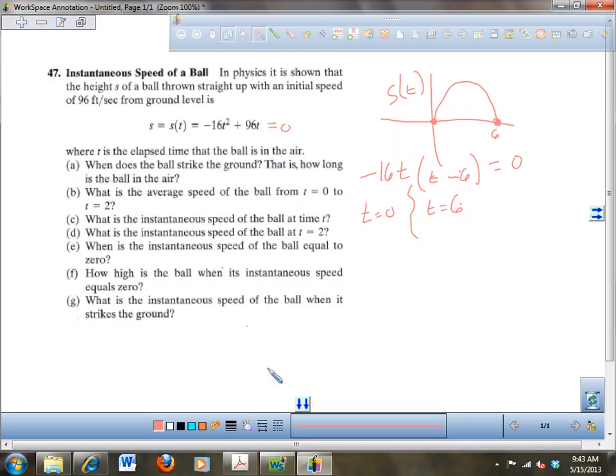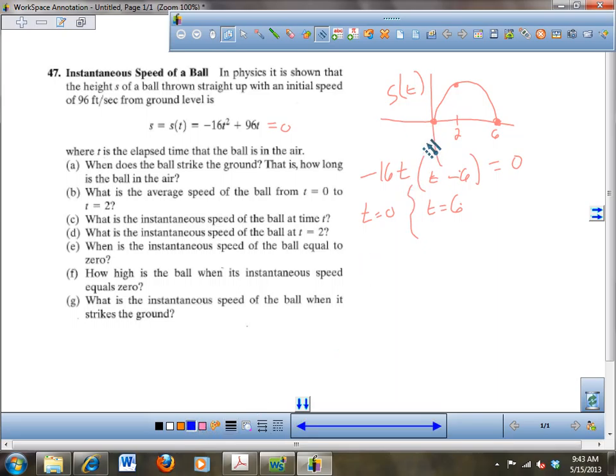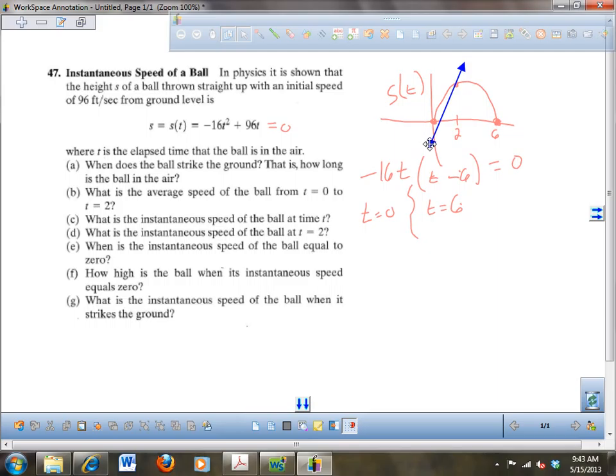So in this case, if this is 2 seconds, what you're finding is the average speed between here and here. I don't want a pink line. So what you're finding basically is the slope. That's not a very good slope. I'm going to move it over.